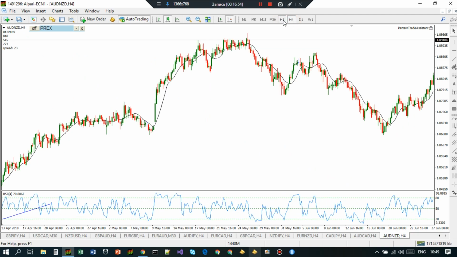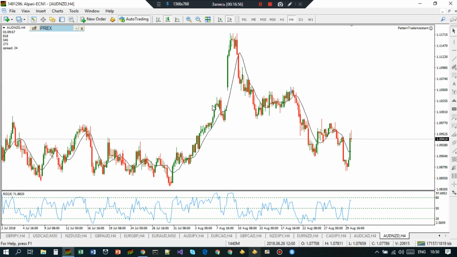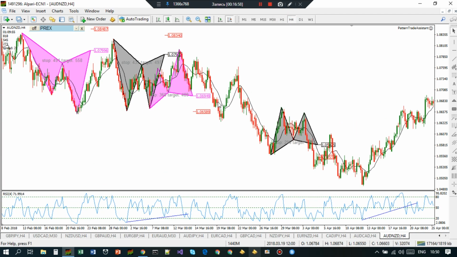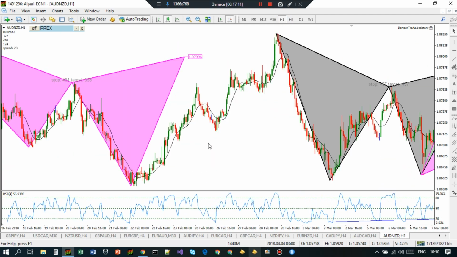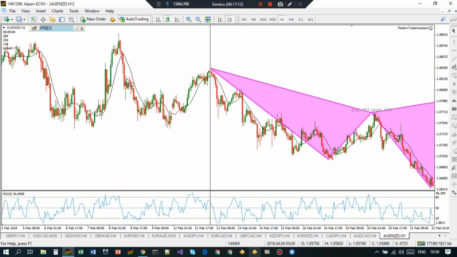What happens? Patterns disappear. So let me find the vertical line. Let me switch to 1 hour. Where is the vertical line? It is very much to the left.